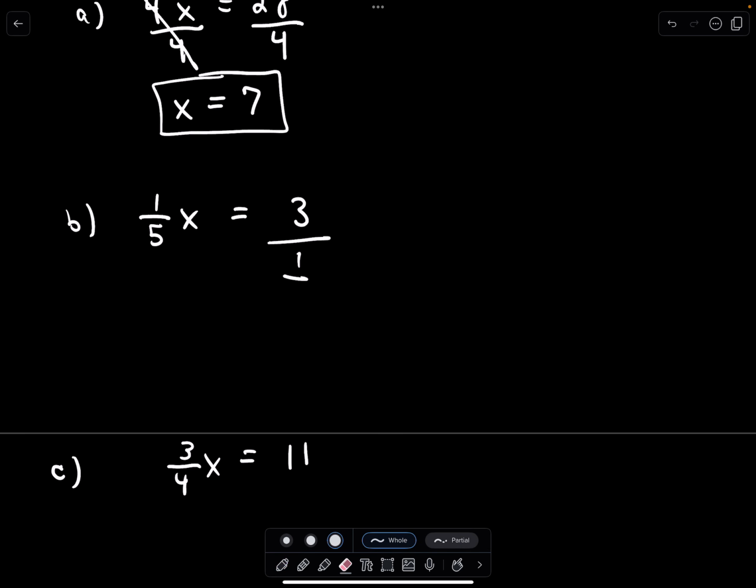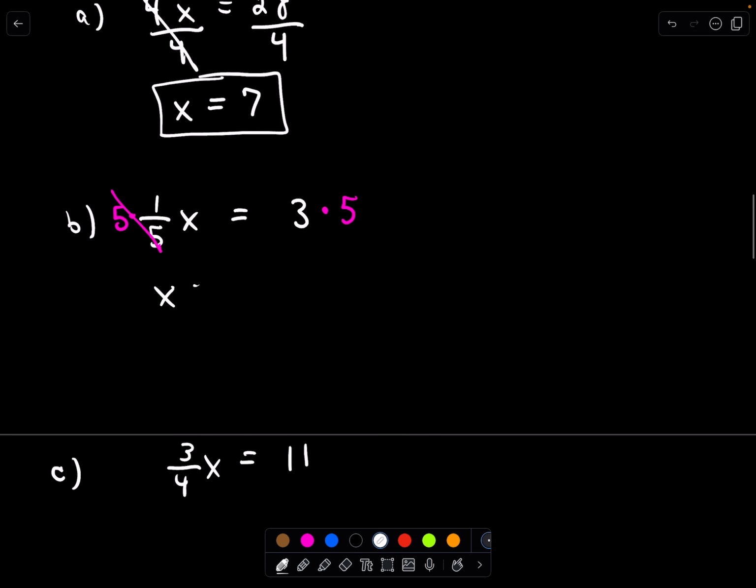So maybe a more natural way to write it: I've got this 1/5 on the left that I'm multiplying by x. Let's multiply both sides simply by 5, because on the left, that'll leave me with 5/5, which is 1x. So I'll be left with x on the left side, and 3 times 5 is 15 on the right.